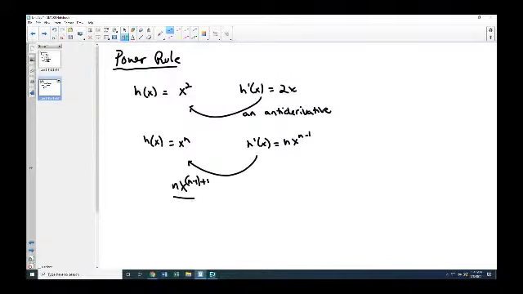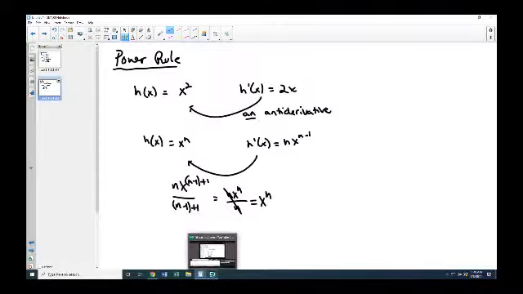Well, divide by this. So you get n x to the n over n. If you do the math there, you get x to the n, which you see as our original. Now again, that's an antiderivative. So you're just playing the game that you already know.